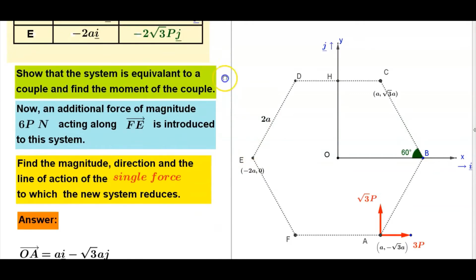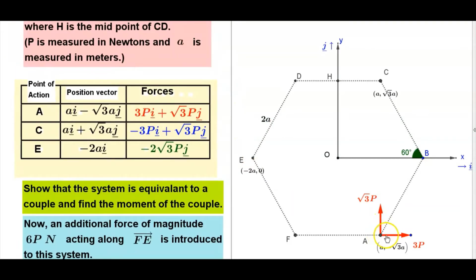The force at point A, along the unit vector i, is 3P, and along the unit vector j, root 3P. So on the x-axis 3P and on the y-axis root 3P.